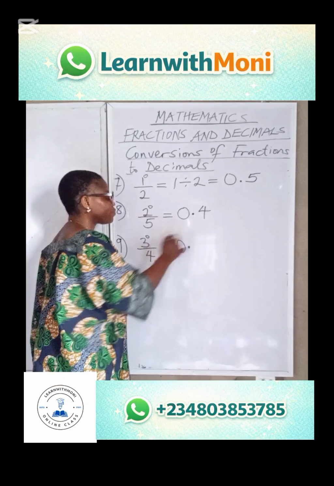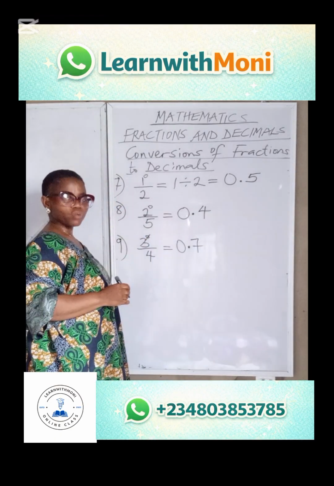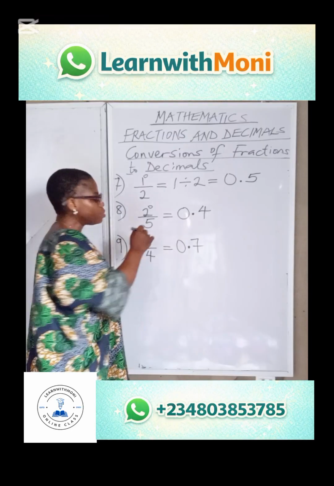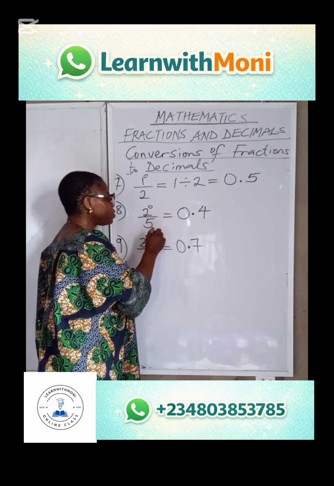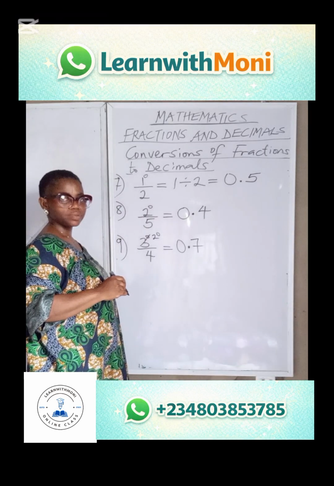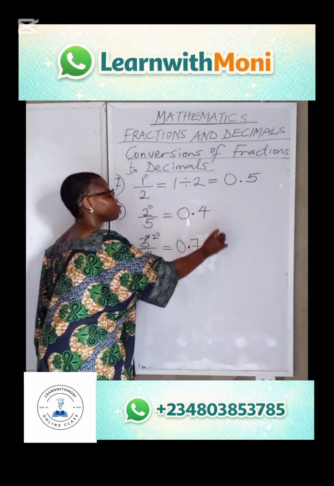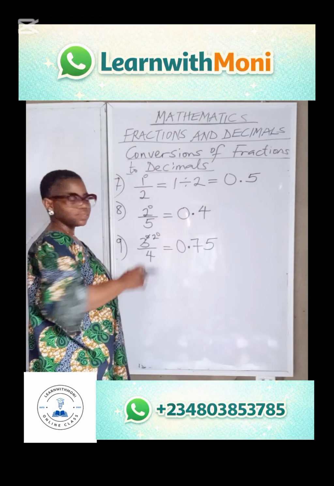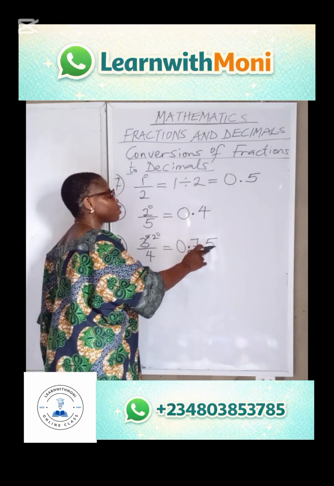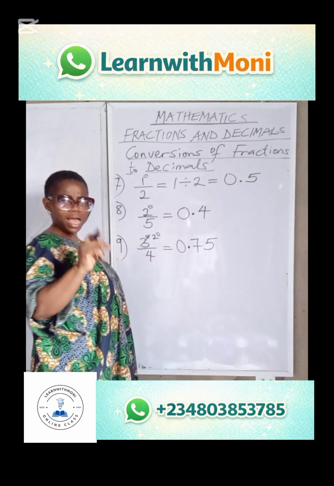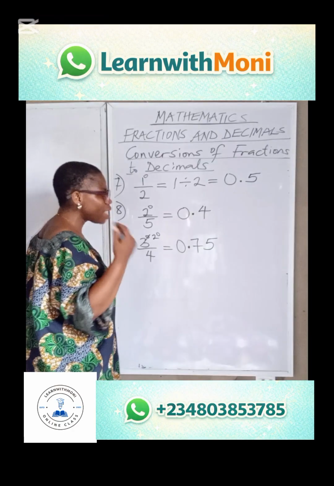And when you remove the 28 from 30, it will remain 2. That remaining 2, put an invisible 0 behind it. Now, 20 divided by 4 is 5. That means 3/4 is equals to 0.75.